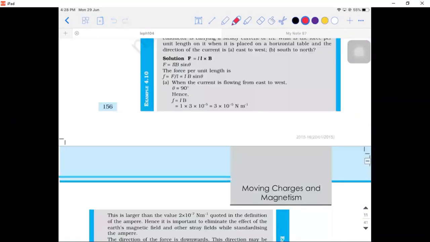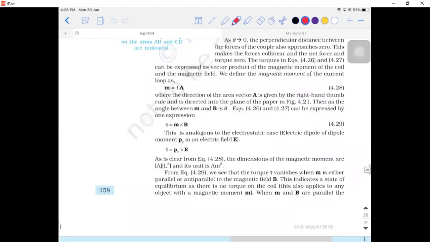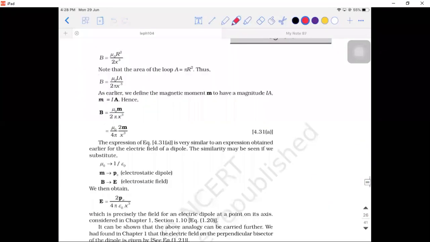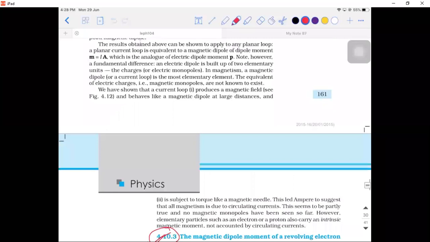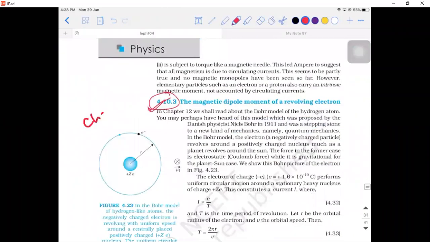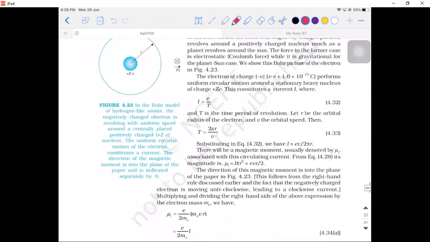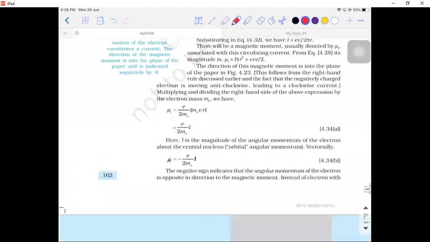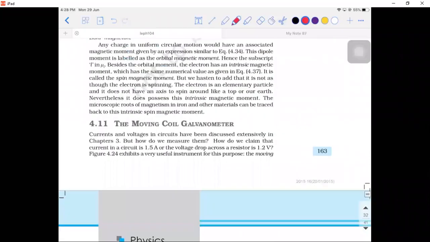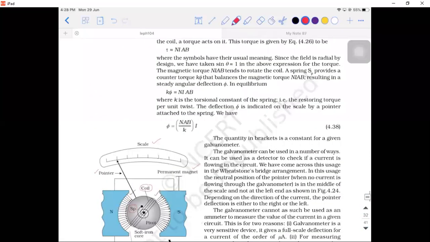I didn't teach you only one concept because I told you that is the beginning of the next chapter. This point actually belongs to the 5th chapter. So with this, the chapter is over.